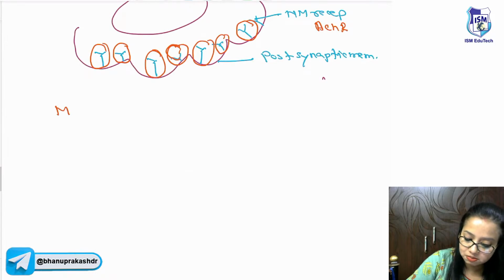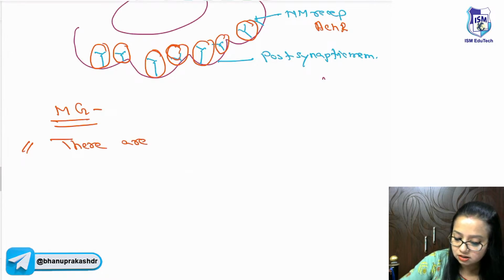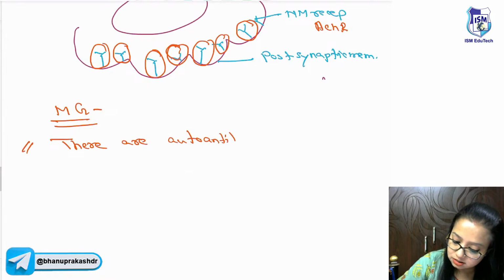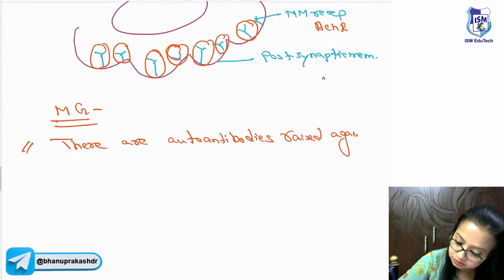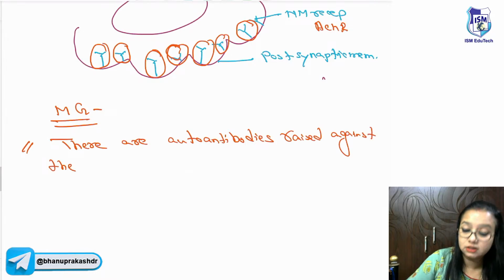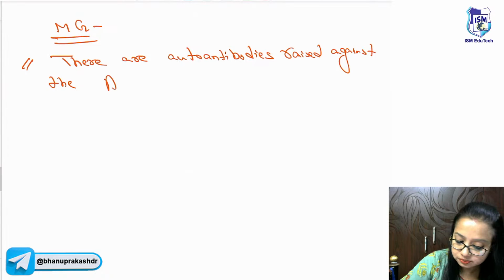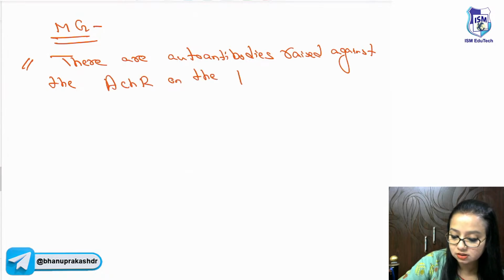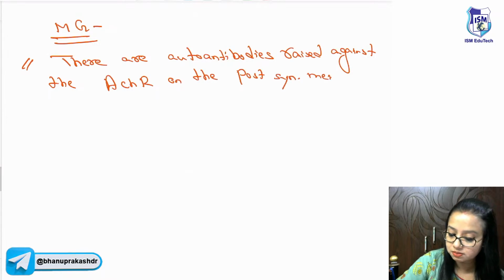So in myasthenia gravis, there are autoantibodies raised against the acetylcholine receptor on the postsynaptic membrane.